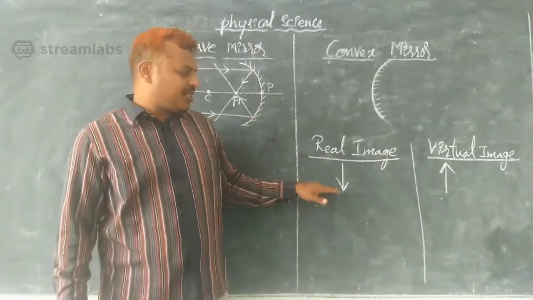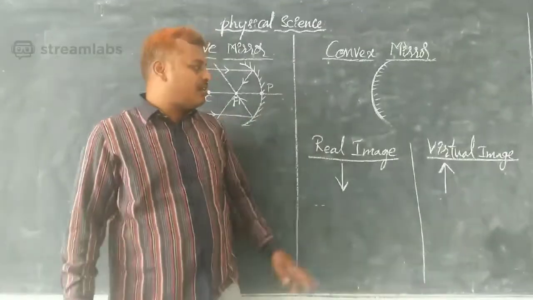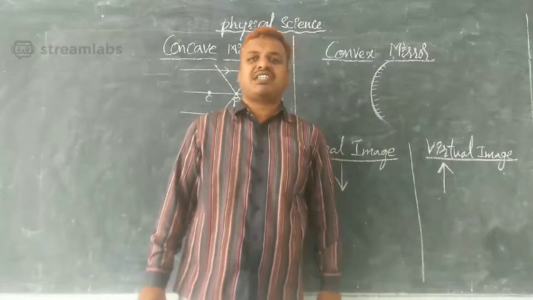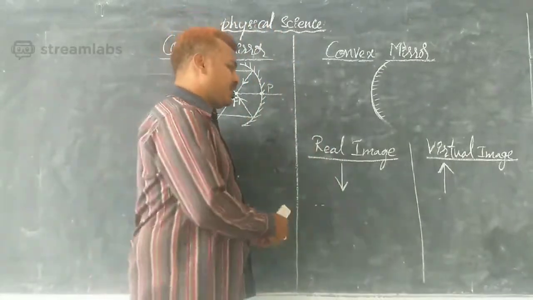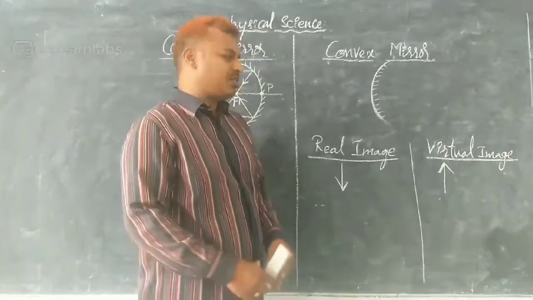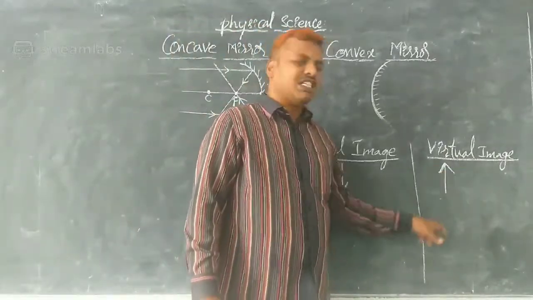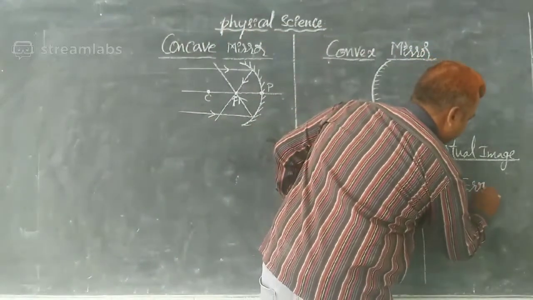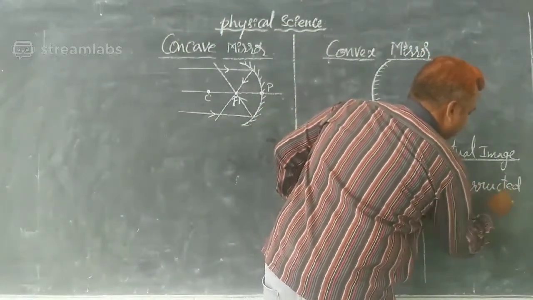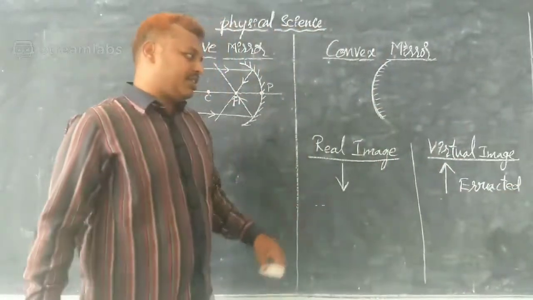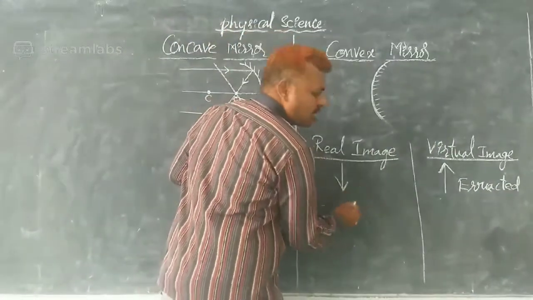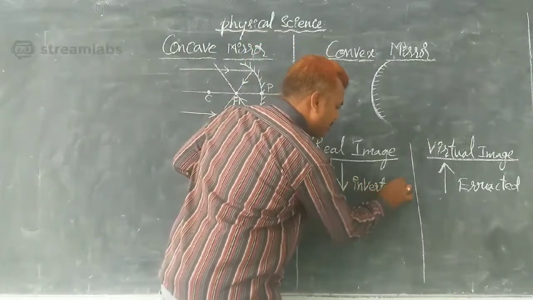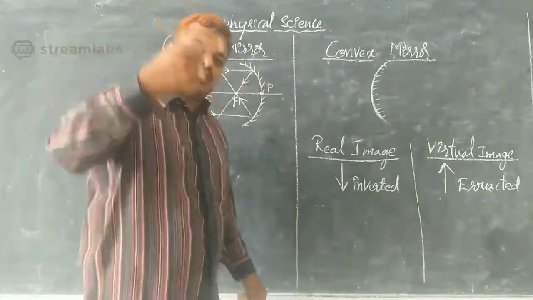Right? So a real image is always an inverted image. A virtual image is always an erected image. Erected means straight. And the real image is always inverted, meaning reversed.